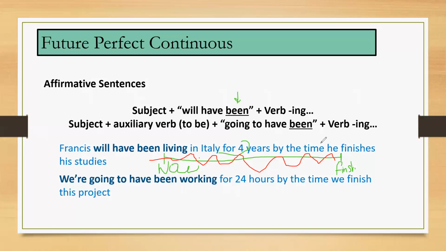Okay, para cuando una acción suceda, esta acción que está currently happening, se va a terminar. Okay, so that's the future perfect. We are going to have been working for 24 hours by the time we finish this project. Okay, so that's a future perfect.